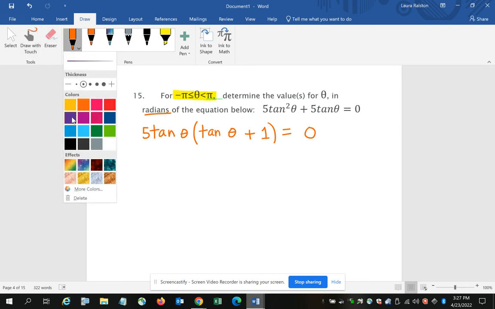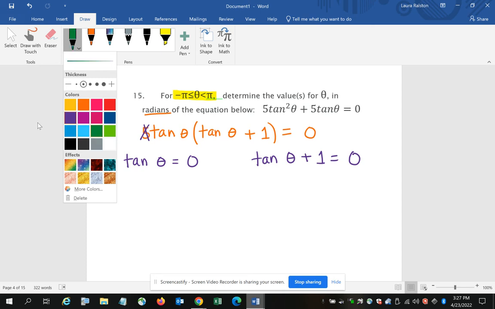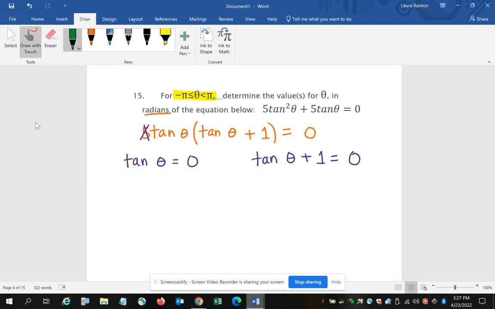So then I know that one of those pieces, I don't have to worry about the 5, but I know that either the tangent of theta equals 0 or the tangent of theta plus 1 equals 0. So again, if I apply my arc function, which is what you're doing mathematically, theta is the arctangent of 0, or let's see, subtract 1 from either side here.